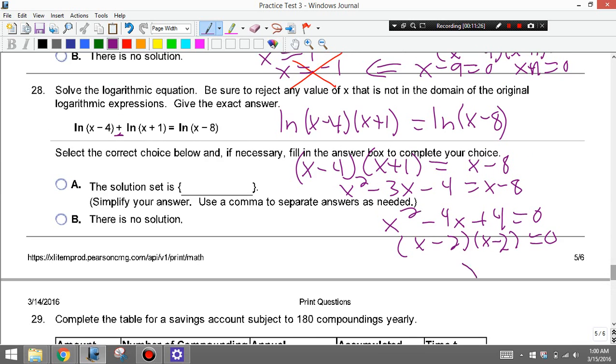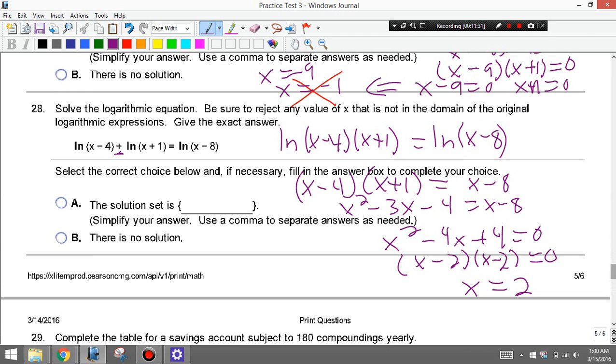This means that x equals 2. However, 2 does not work, as that would give you the natural log of negative 6. You can't take the natural log of a negative number. The answer is no solution.